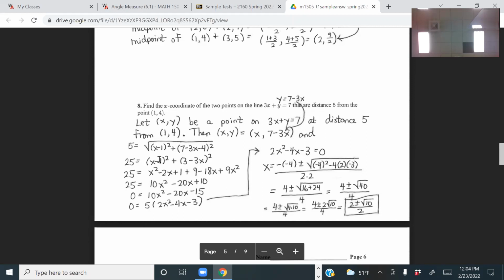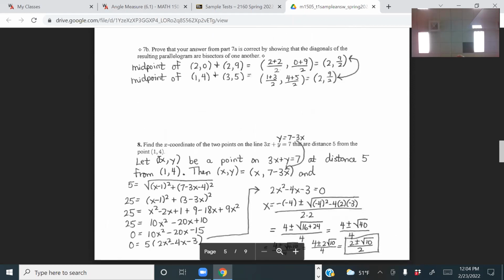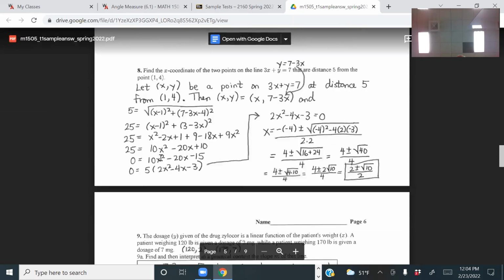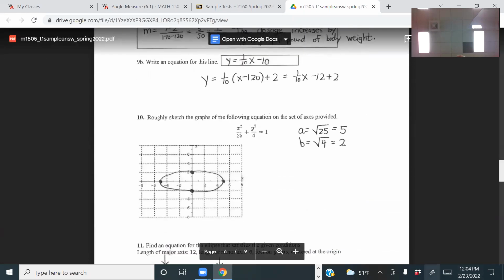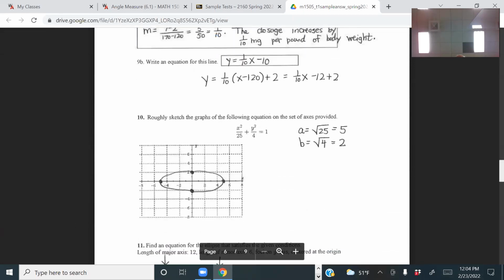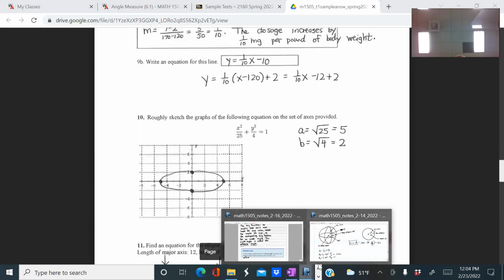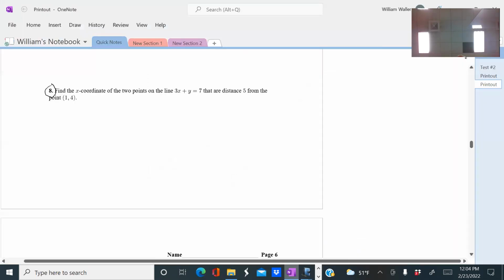All right, so let's go back and talk about how we would quickly look at this one. Again, I want points on that line, and they have to be distance 5 from the point (1, 4).